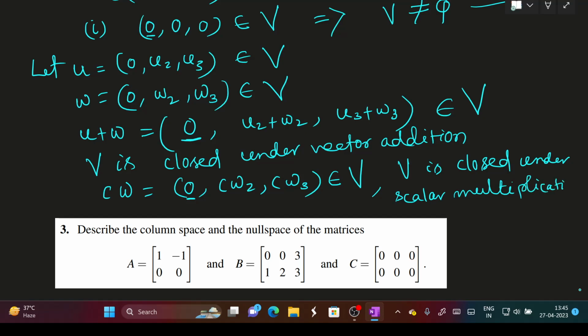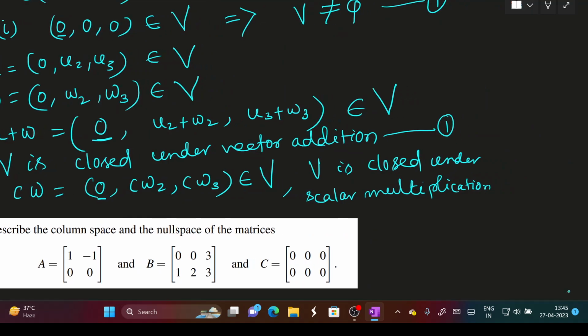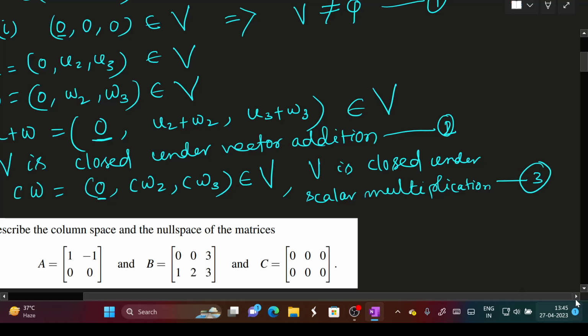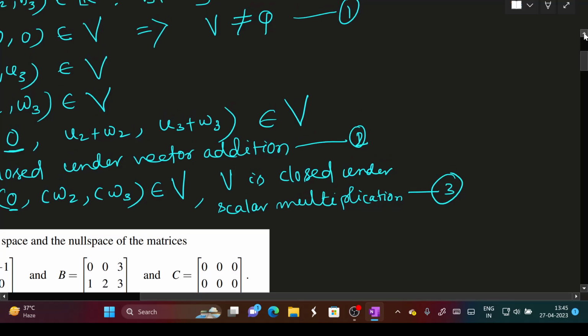So we have got all the three properties: property 1, property 2, property 3. So from properties 1 to 3, what do we conclude?